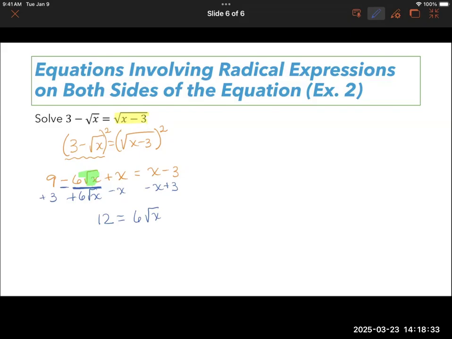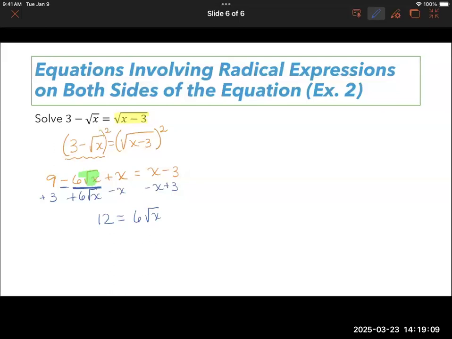Now, at this point, if dividing this side by this number is nice, you can go ahead and do that to get the square root of x entirely by itself. If it's not nice, then you can just keep the entire term and square the whole thing.